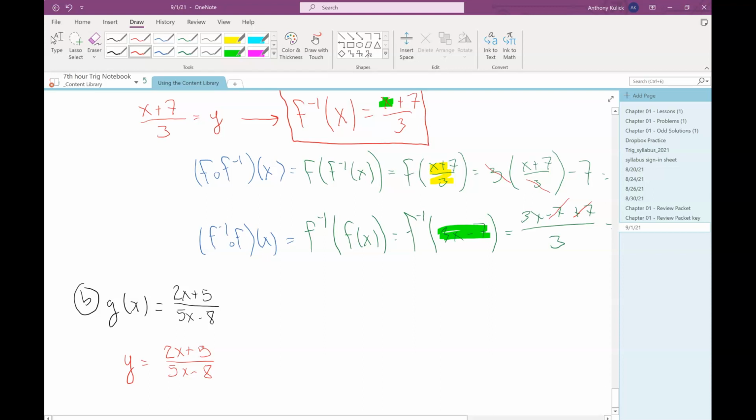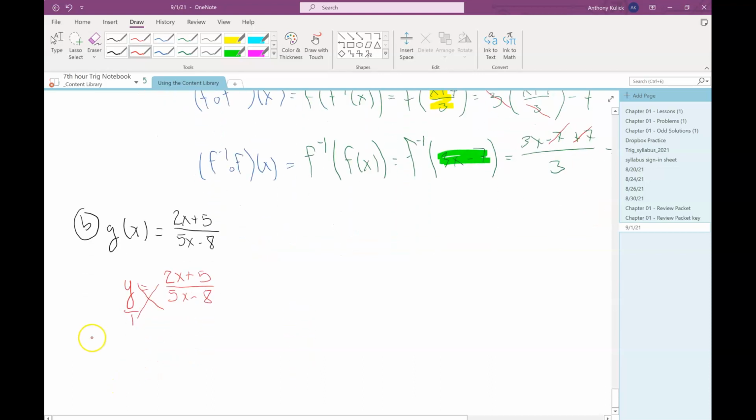Everybody, you see that? So the first thing that I would do here is cross multiply to get rid of the fraction. Because fractions, yuck. But that's pretty nice, right? No more fraction now. I'll just distribute the y through.